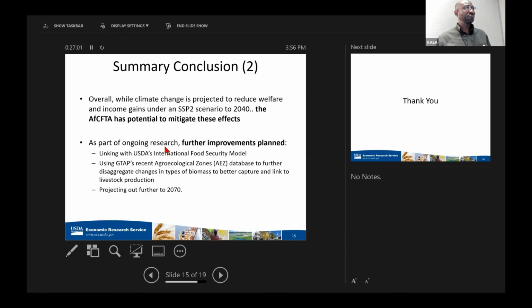From the perspective of ERS or the US government, you may want to know how this may increase US exports to African countries. But the results you get from that may be different if the initial goal of the agreement is actually achieved, which is to increase intra-African trade.